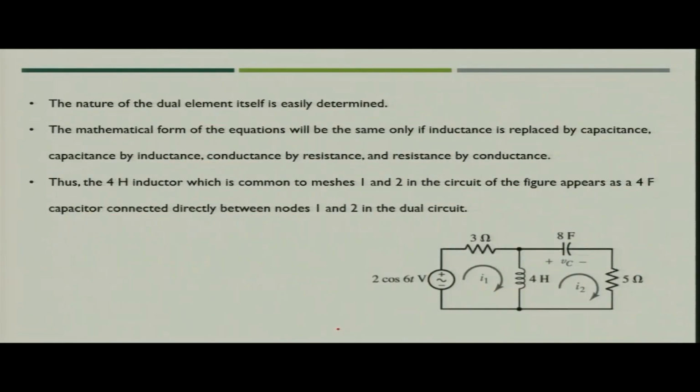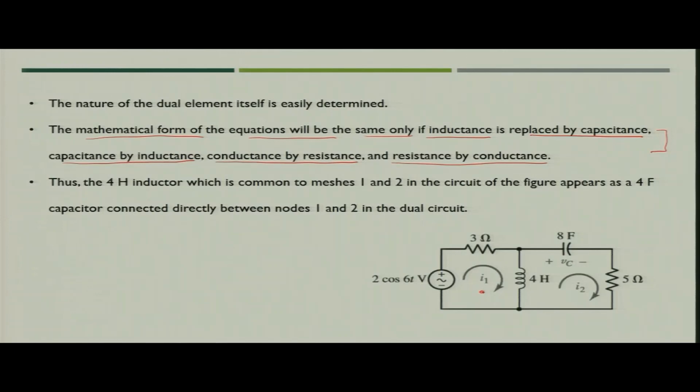Now, what next? The mathematical form of the equations will be the same only if inductance is replaced by capacitance, capacitance by inductance, conductance by resistance, and resistance by conductance. It means that these are the duals of each other.